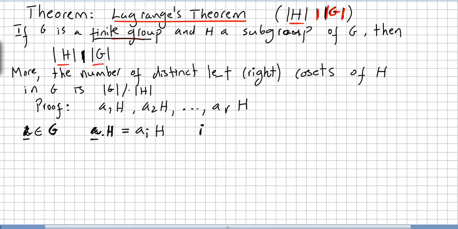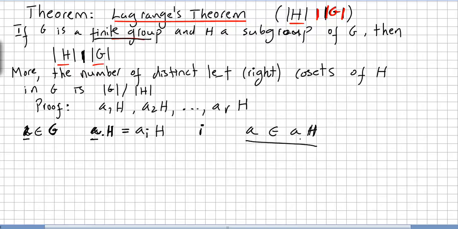Do not forget we are working in finite groups, okay? And of course we saw in previous videos that the element A has to be in AH. This was the first property of left cosets: A is always in AH.